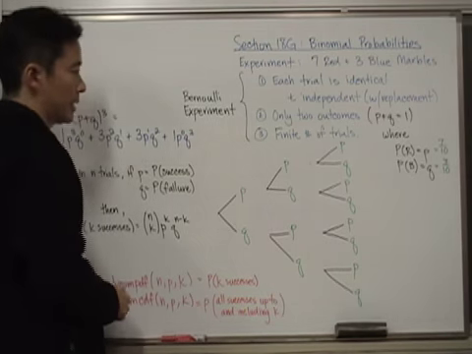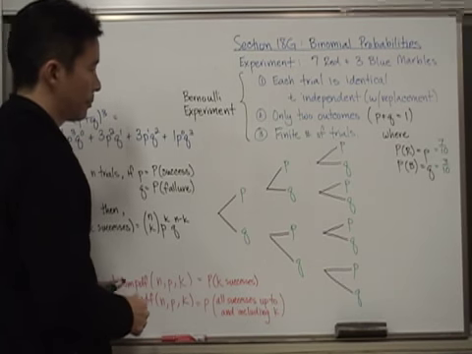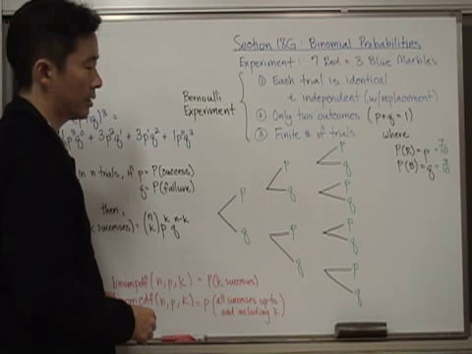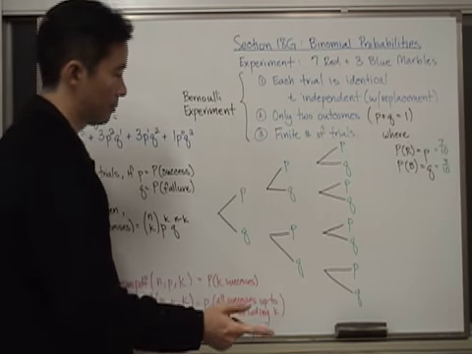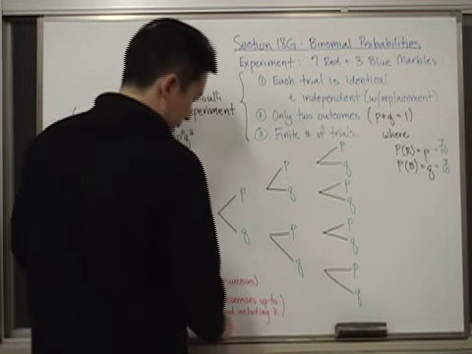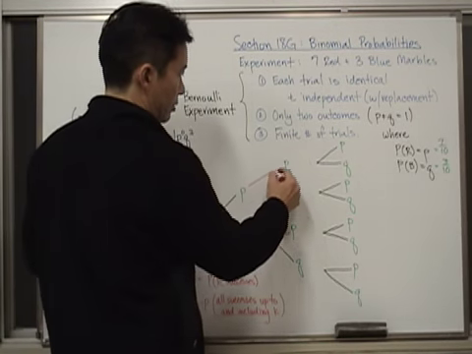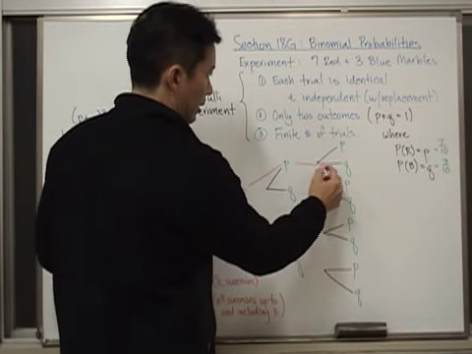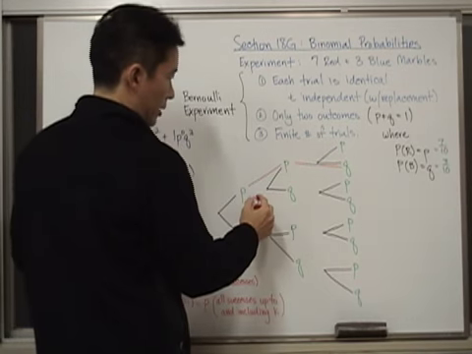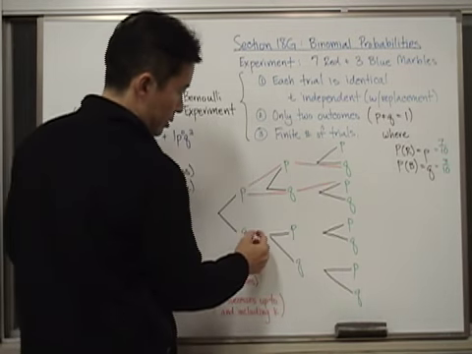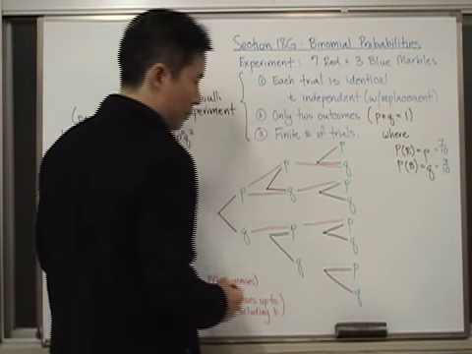Now if we take a look at, for example, choosing 2 red marbles and only 1 blue marble, then the number of possibilities with 2 P's and 1 Q: that's one branch, that's another branch, and that's another branch there.